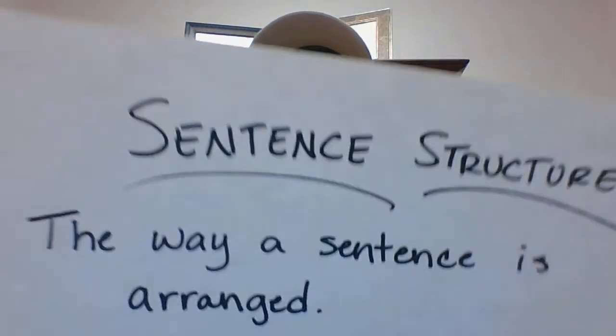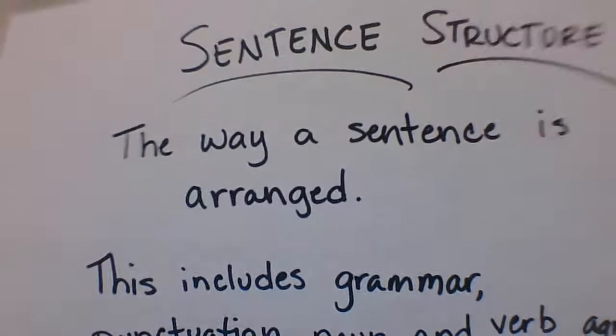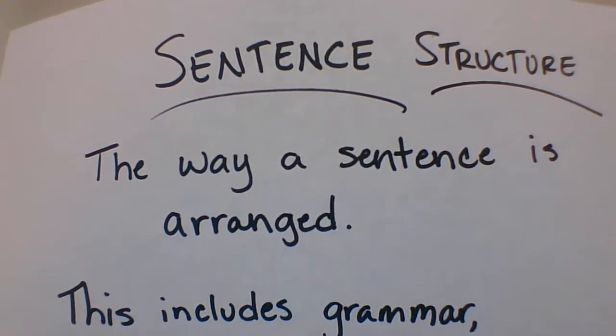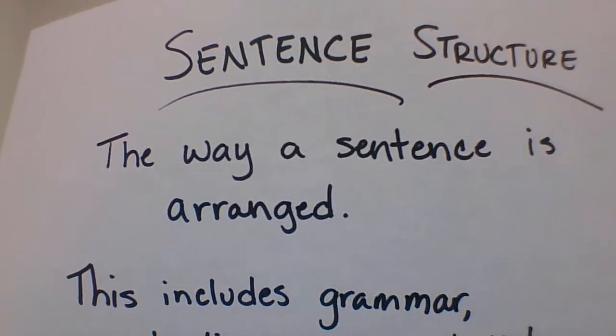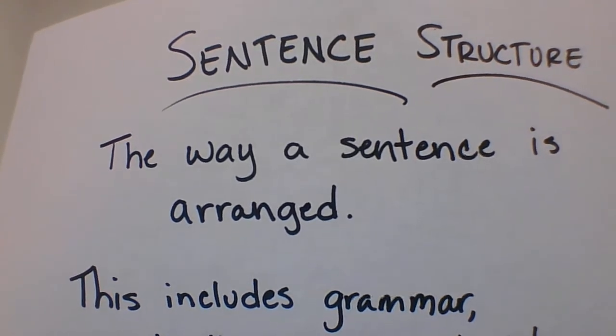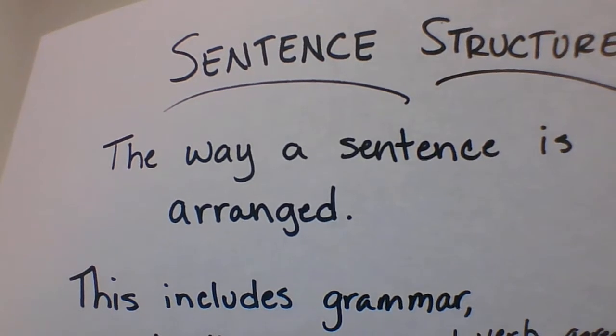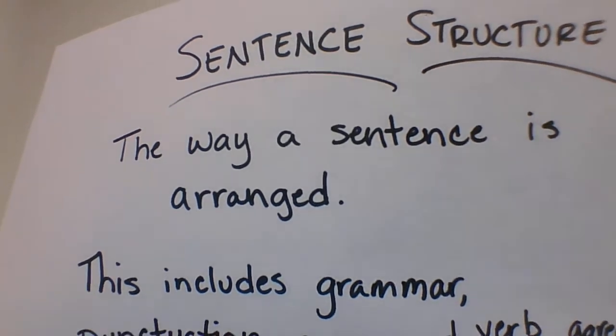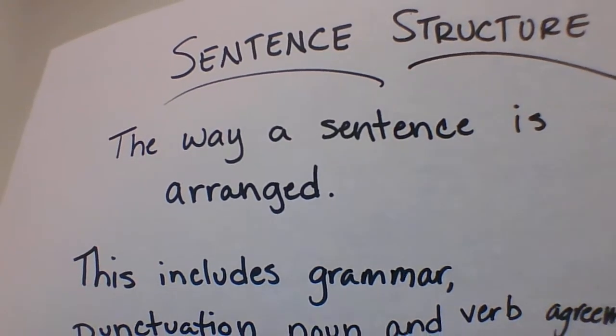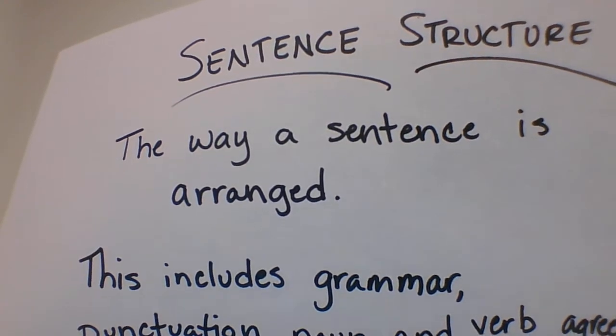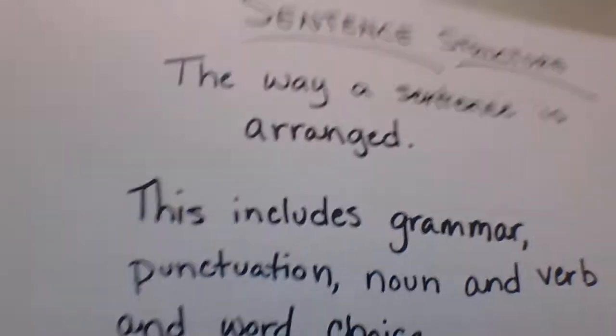Sentence structure is the way a sentence is arranged. This includes grammar, punctuation, noun and verb agreement, and word choice. So sentence structure is how a sentence is all arranged, okay?